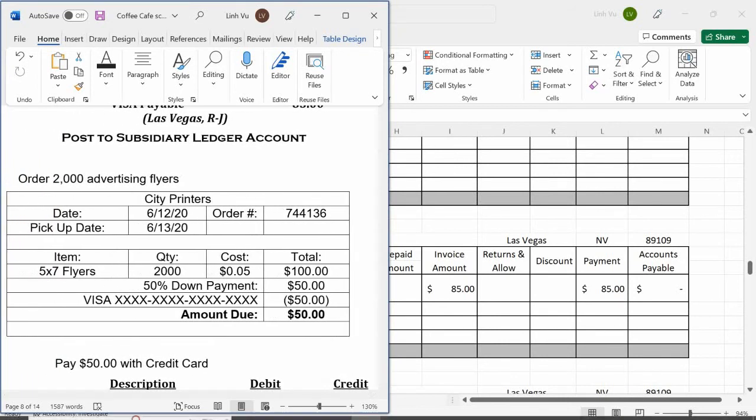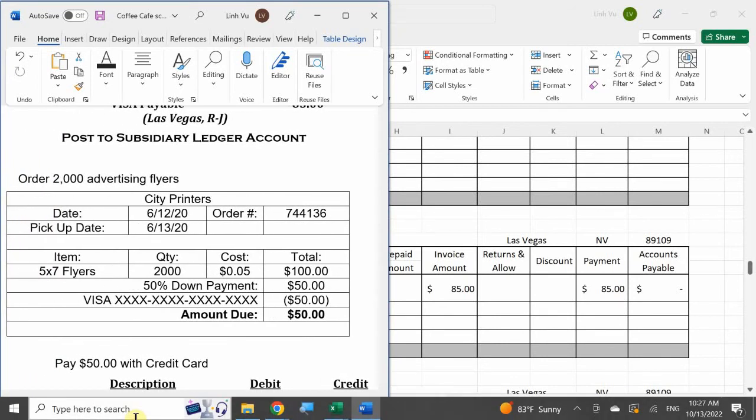744136. Now, in this case, this company requires us to make a down payment of $50, so that if we don't show up to pick up our flyers, they didn't lose money out of it. So they required a down payment of 50% on the entire purchase. We purchased 2,000 flyers.